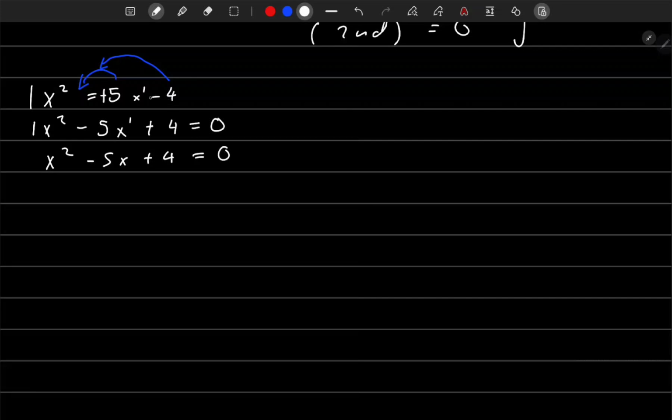When we are factorizing this, we are looking for two numbers that will give us 4 when we multiply them, and when we add them together, it must give us negative 5. So that's pretty simple. The numbers can be either a positive and a positive multiplying together, or a negative and a negative multiplying together.